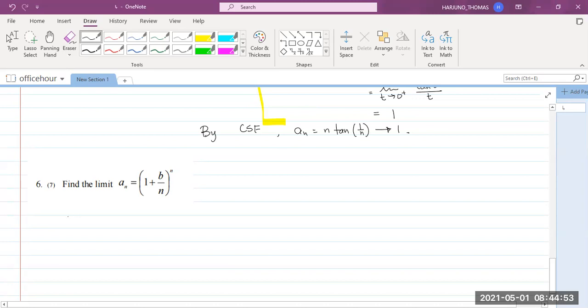Two ways to approach this. Let's see the silly one. So a sub n equals 1 plus b over n, to the n. Now, you see it this way. This is 1 plus b over n to the n over b, times b on the exponent.